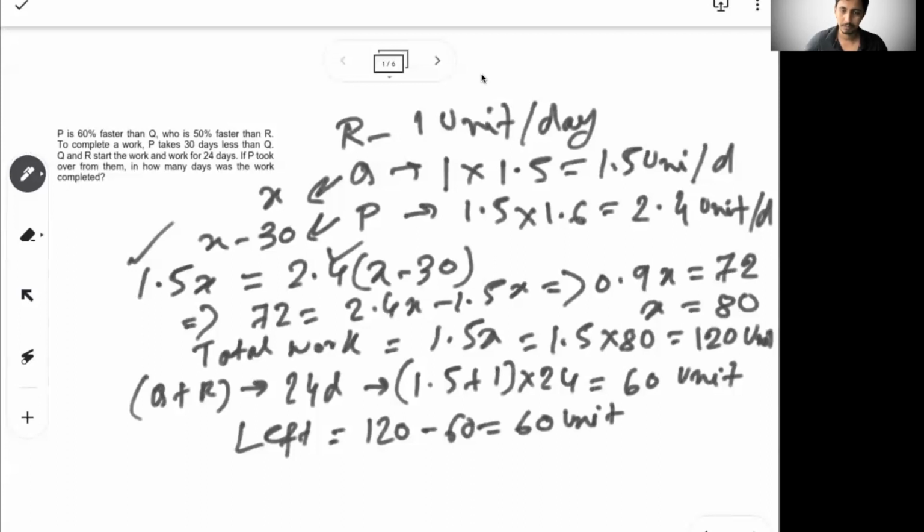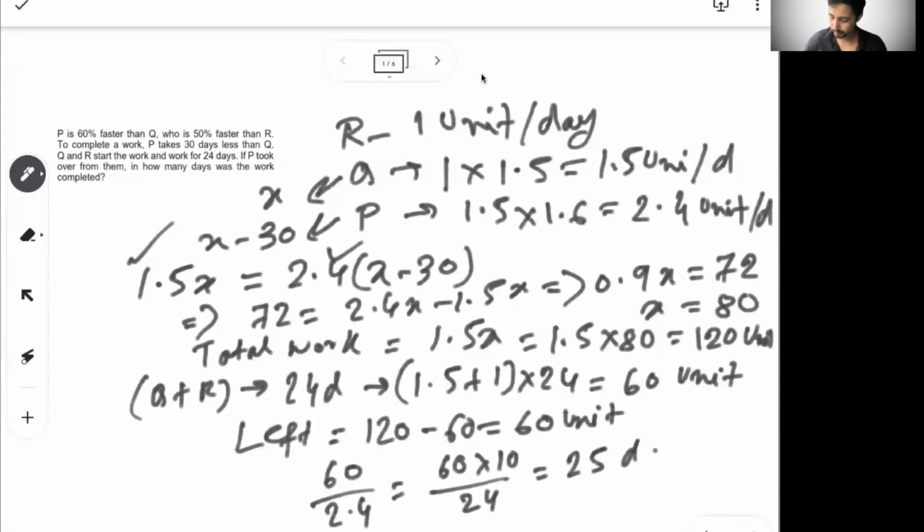P took over from them, so after 24 days only P is working. P in one day can do 2.4 units. So 60 divided by 2.4, which is 60 into 10 by 24.